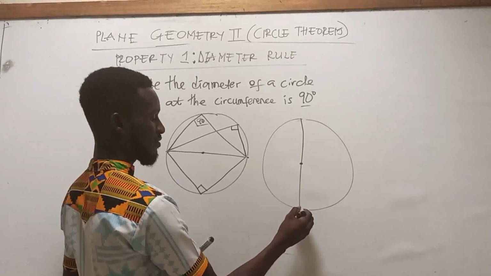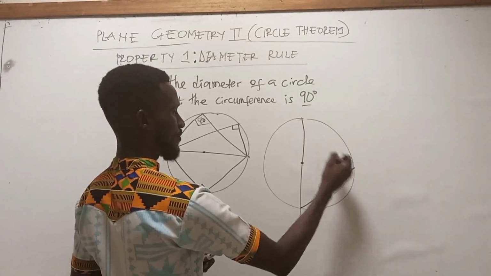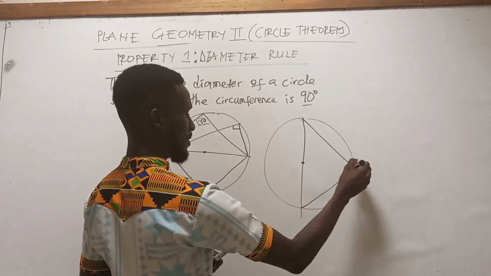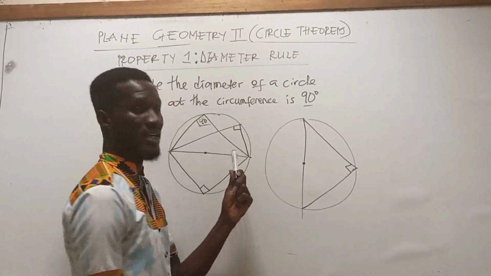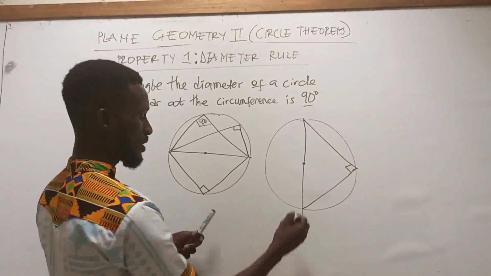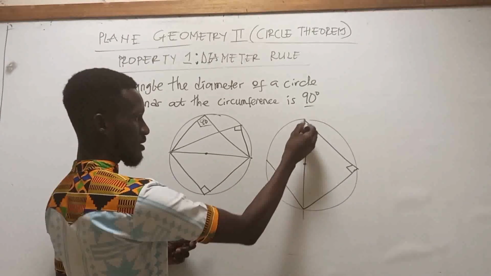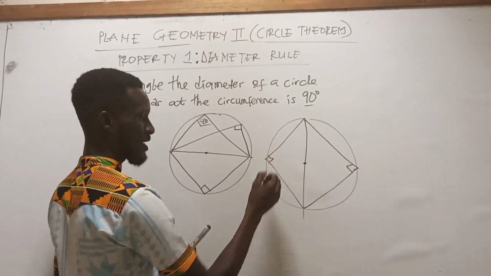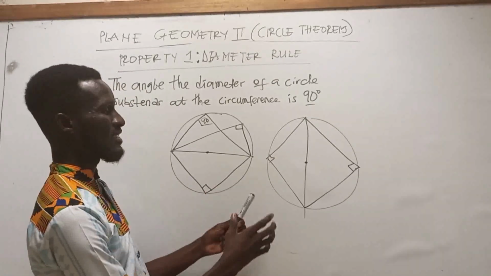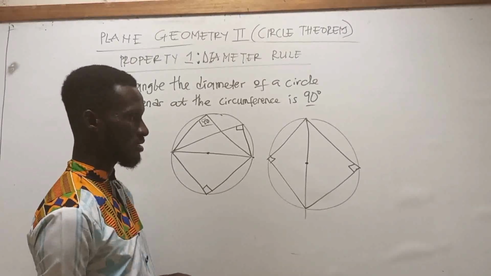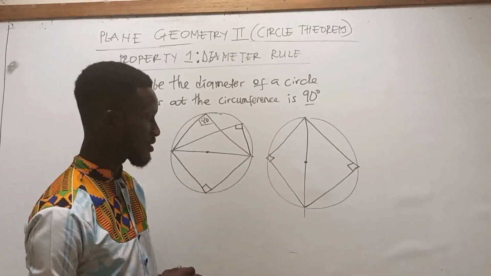So this diameter can form one angle here. This one can meet it here. One angle is formed here, so this angle is 90 degrees per the rule. It can also form an angle here. This one will meet it here. This angle is 90 degrees. You will see this in many questions.